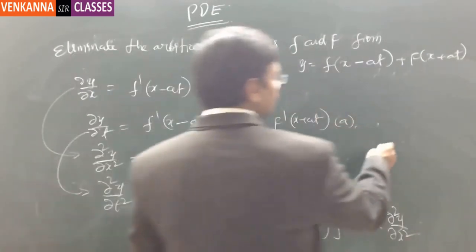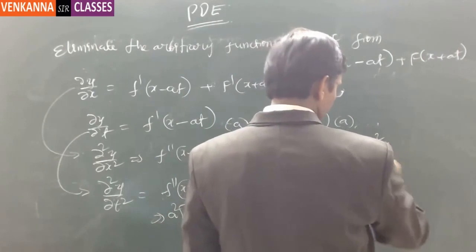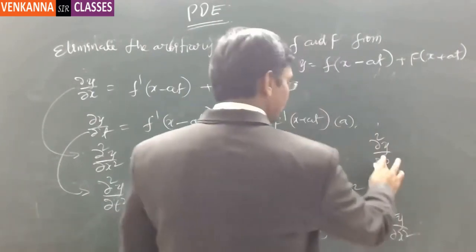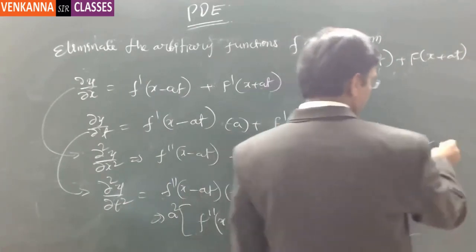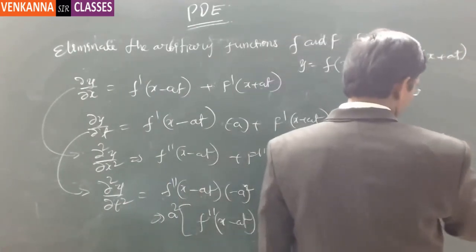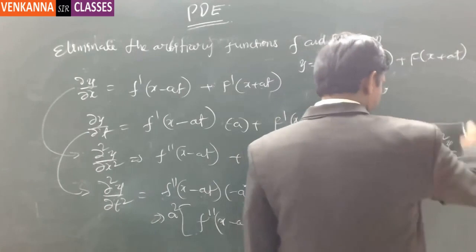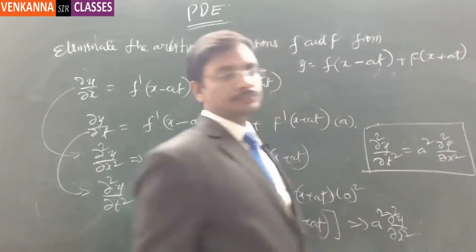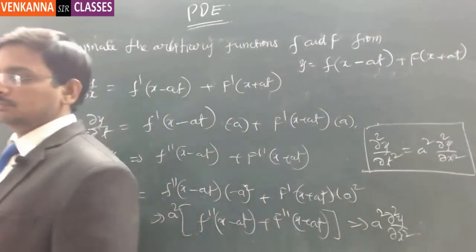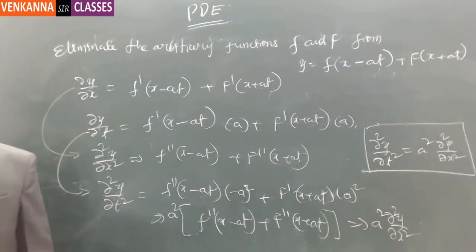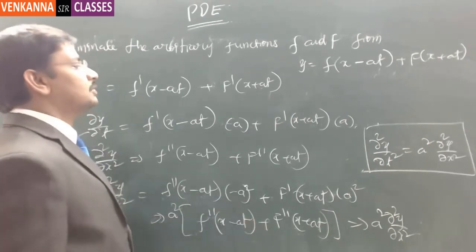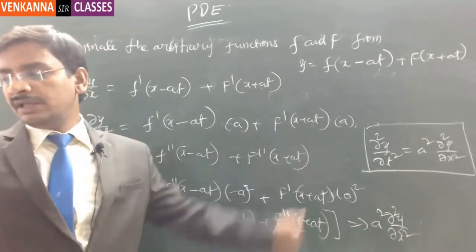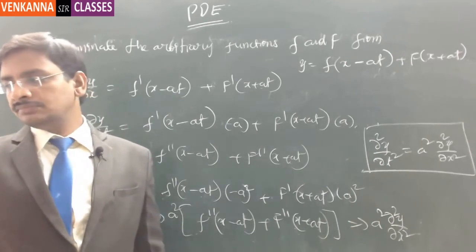So in short, ∂²y/∂t² is equal to a² times ∂²y/∂x². Got it? Understood? So this is elimination of arbitrary functions. So no more f involved there.